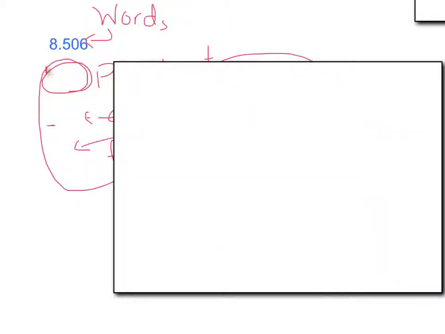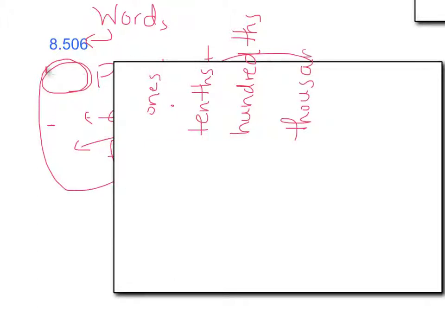And this last one was to be in a place value chart. So we know we have the ones place, so we need that. Then we have the decimal, then we have the tenths place, the hundredths place, and the thousandths place.